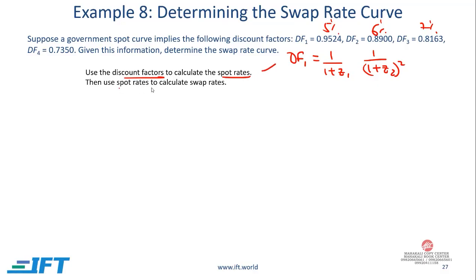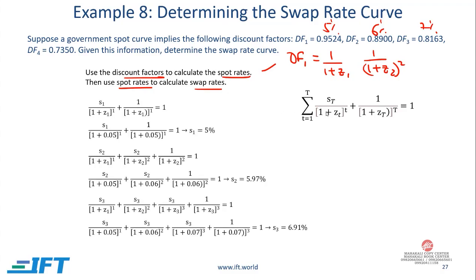Then we use the spot rates to calculate the swap rates. For that, we'll use the formula that we just saw. And that is shown over here, and this has been taken from the curriculum. First, we set t equal to 1. So here, essentially, we just have a 1-period swap. With a 1-period swap, the present value of the floating security is 1.